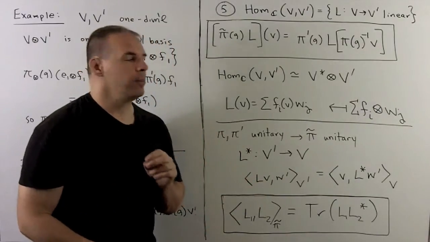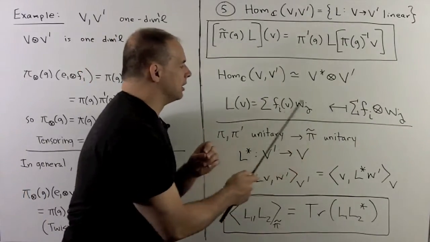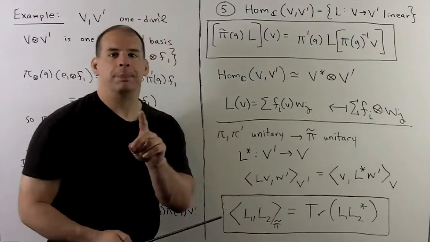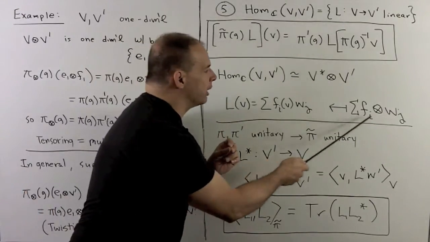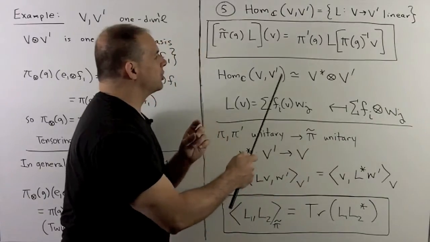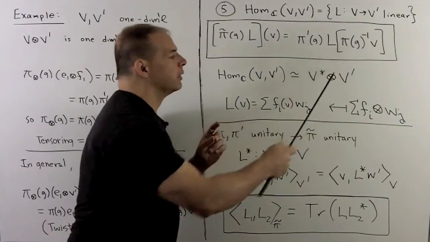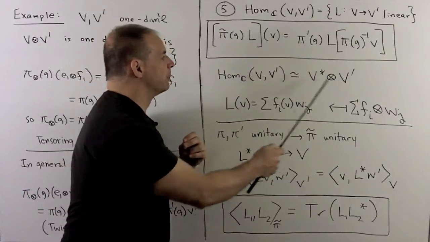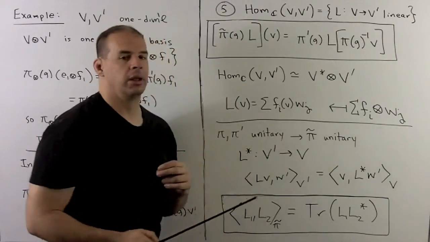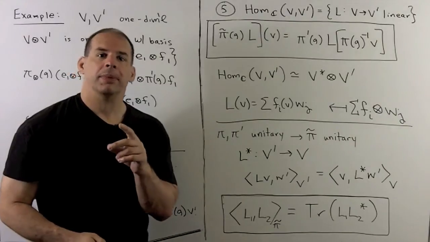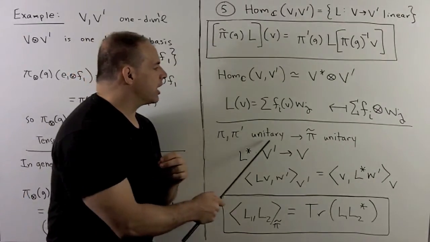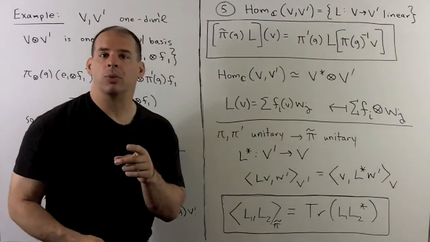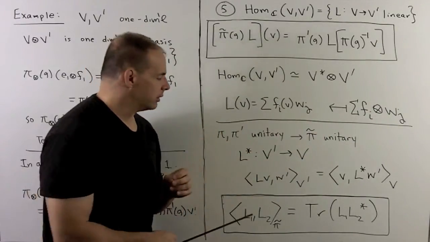Then you would need to show, first, that this map is linear, then that it's an isomorphism, then finally, that the natural group action over here corresponds to our group action defined as so. With that, we'll have an equivalence of these two representations. Now, if we have pi and pi prime unitary, then this group action here will also be unitary with respect to the following inner product.